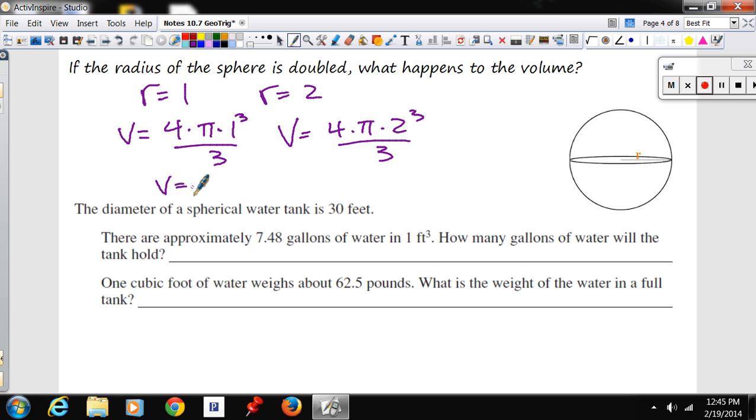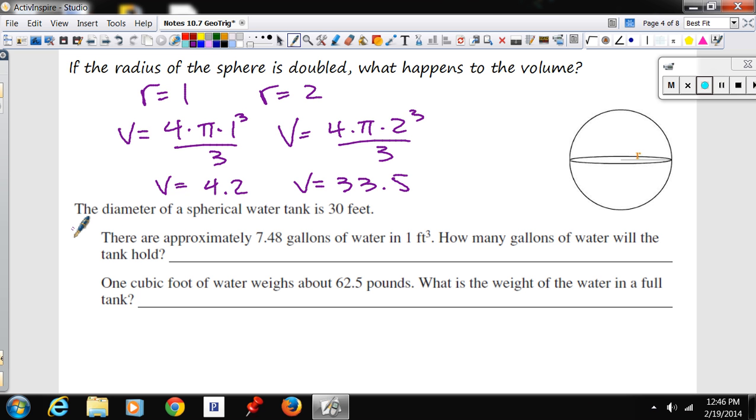4 times pi. 1 cubed is just 1, so I'm just going to leave 4 times pi. And I'm going to divide that by 3. 4.2 is what you end up with when you round it off. 2 cubed is 8, so 4 times 8 times pi. And then divide by 3. Get 33.5.